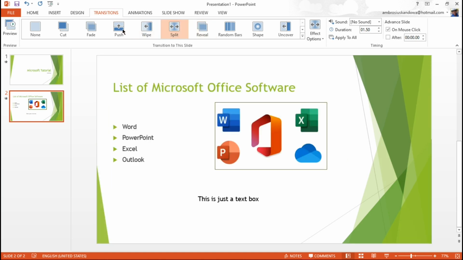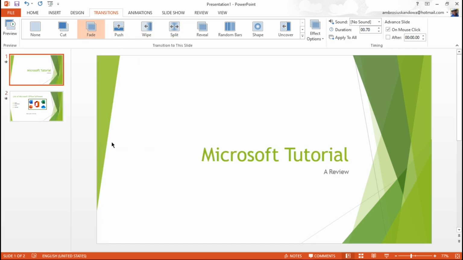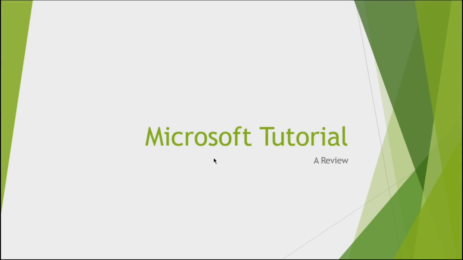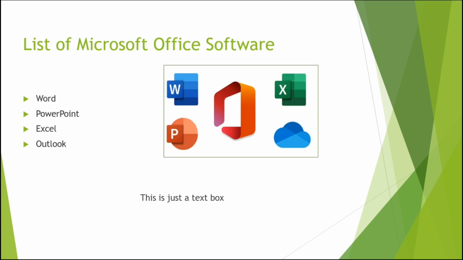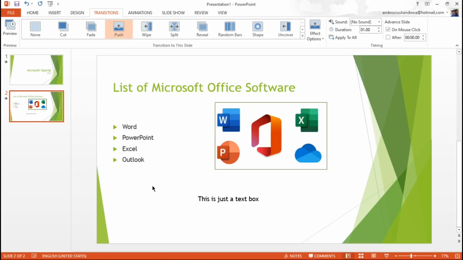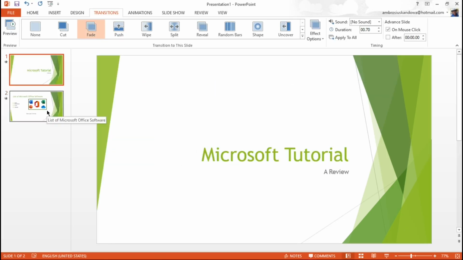See, spreading, or Push up. So that's how you can add transition between your slides. If you want to see it, you can try them out. Okay, it's fading in and then you see it's pushing out, and then go on to your animation. So that's how you can add transition between your slides.